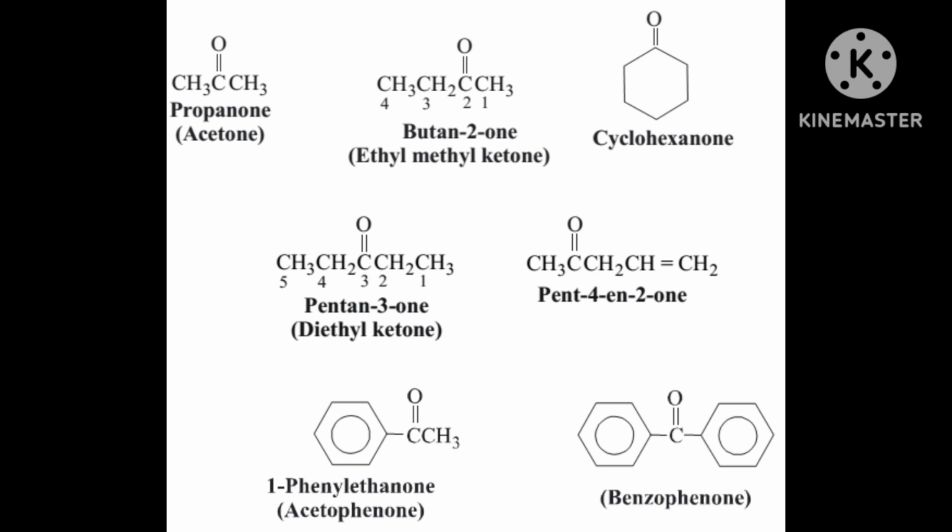Because the total carbon is 3 including the CHO carbon, it will be prop-2-enal, because the double bond is at carbon number 2. Here 'en' means double bond. Then prop-2-enal.